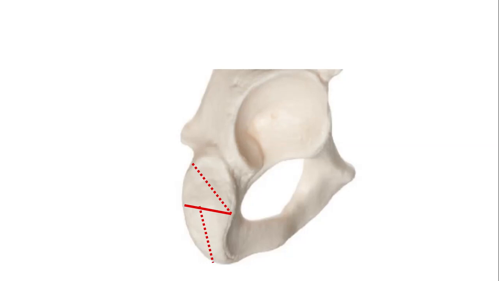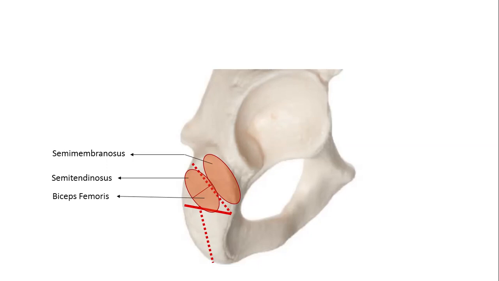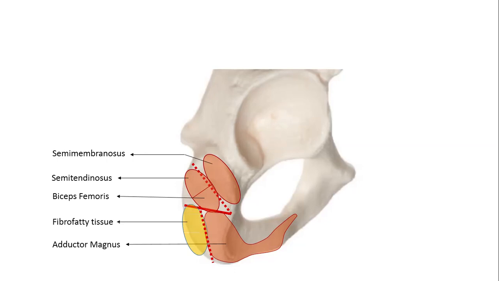The upper part of the oblique ridge gives origin to semimembranosus, and below this there is origin of semitendinosus and biceps femoris, and the lower outer part gives origin to adductor magnus muscle, and adductor magnus also takes origin from the ischiopubic rami, and the inner or medial half is related with fibrofatty tissue. So this is fibrofatty tissue.